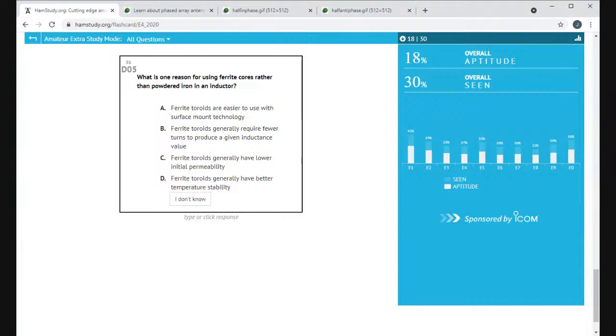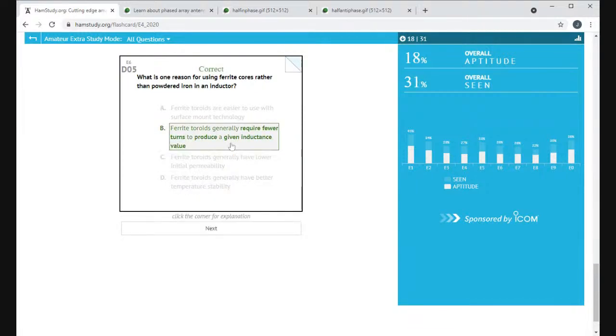C. Ferrite toroids generally have lower initial permeability. D. Ferrite toroids generally have better temperature stability. I'm going to guess B. Ferrite toroids generally require fewer turns to produce a given inductance value. And that is correct.